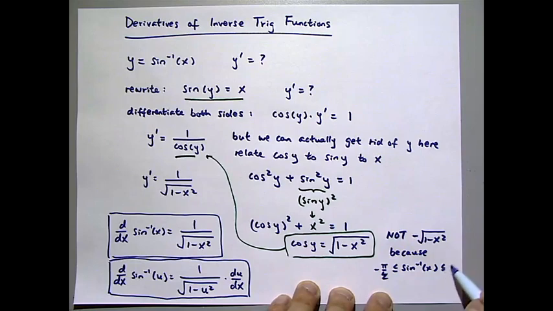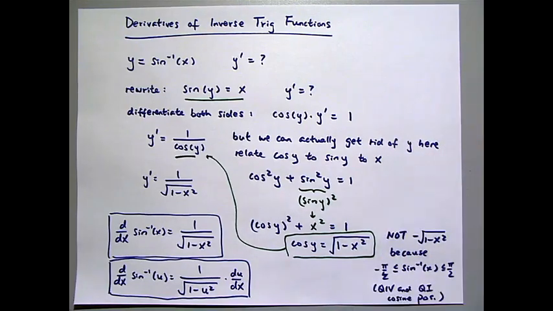So quadrant 4 and quadrant 1, cosine positive. All right, you're on the right track with the domain and range kind of thing.